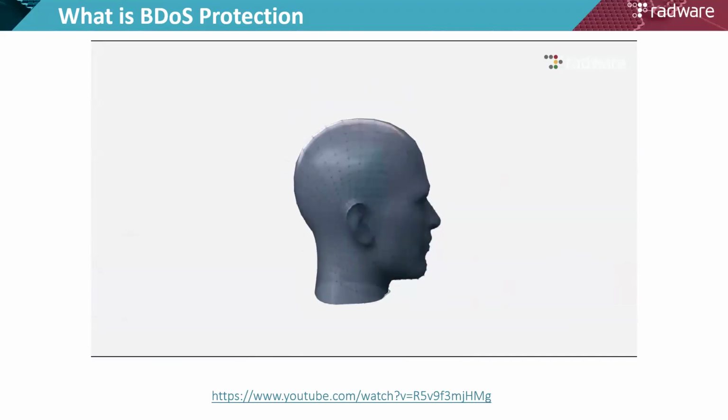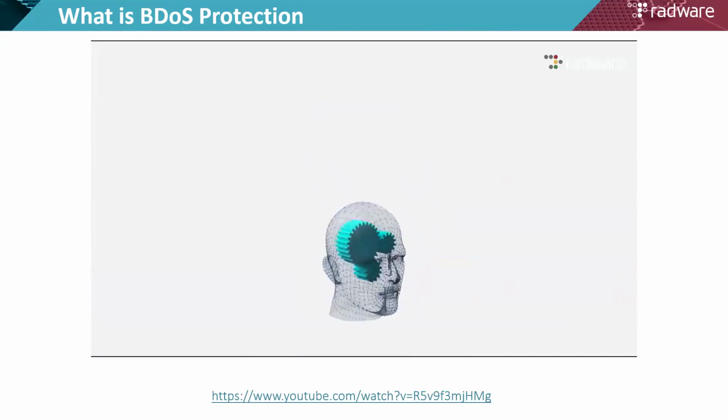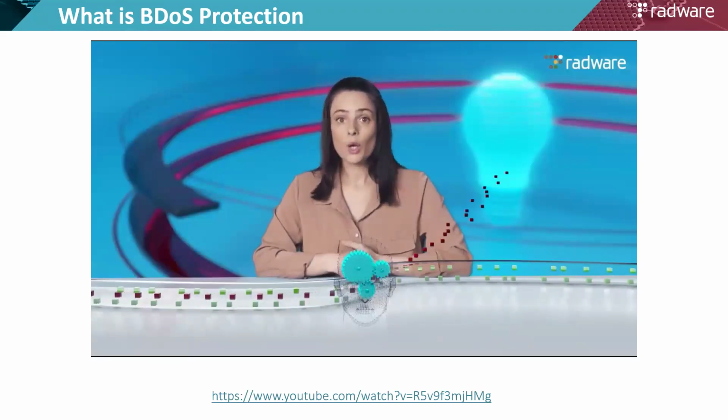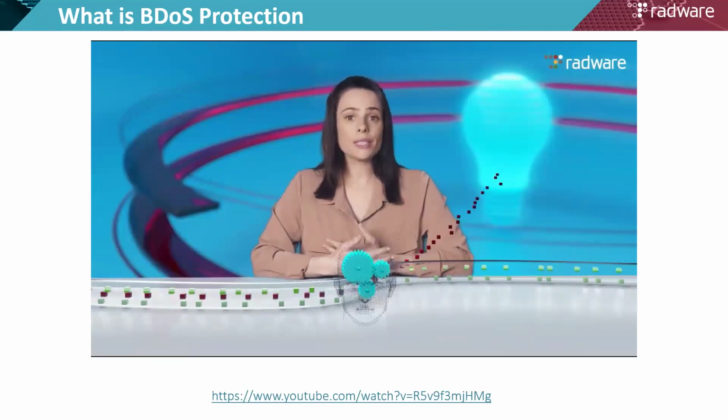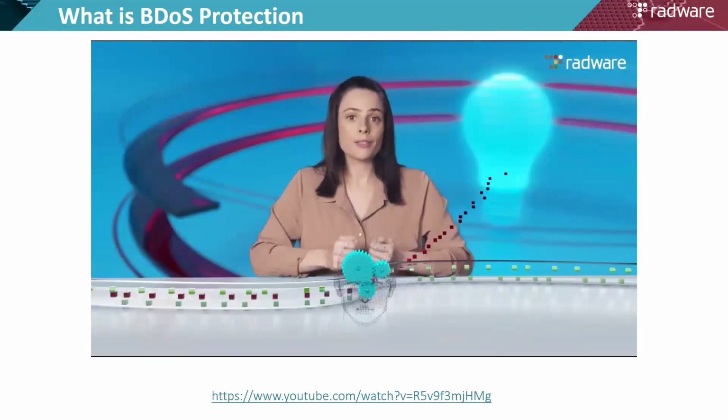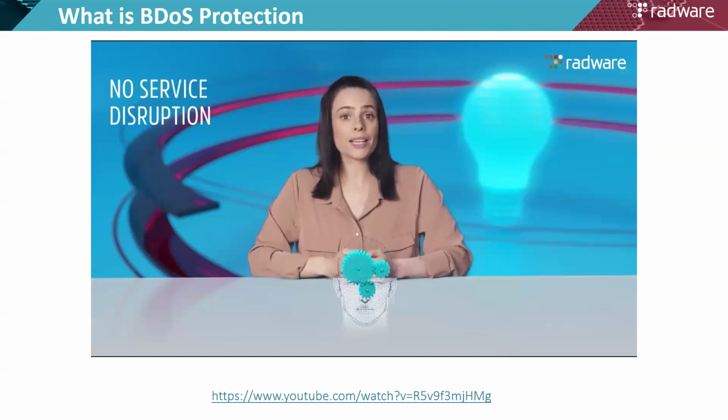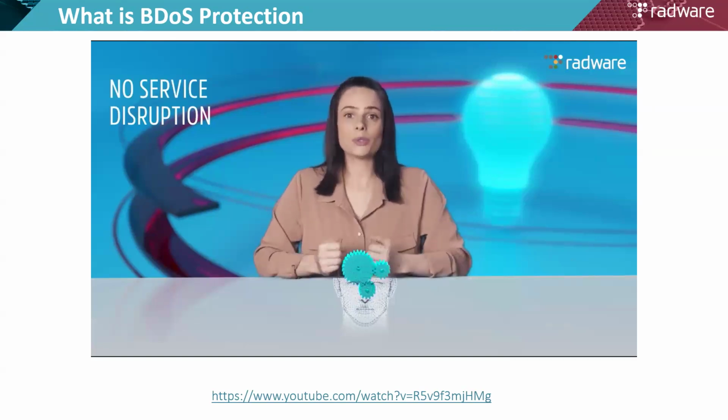It relies on AI, machine learning algorithms, to determine in real time the intent of the traffic requesting to access a certain service. With these algorithms, we increase detection accuracy and minimize false positives. Behavioral-based DDoS protection ensures no service disruption to legitimate users accessing your services and enables your business continuity, even during a massive DDoS attack. Thank you for joining us on this Radware Minute, and stay safe.